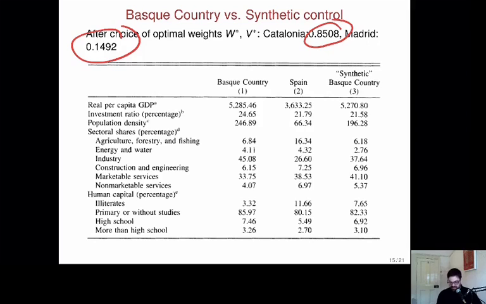And what we can see here when we compare the actual Basque Country to the synthetic Basque Country is that it matches it pretty well. Okay, so not only did we see in the previous picture that the pre-trend is matched, but, and this is something that a good synthetic control study should do, we also see that it matches other characteristics pretty well.